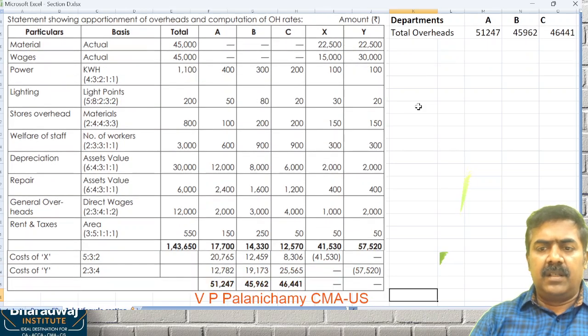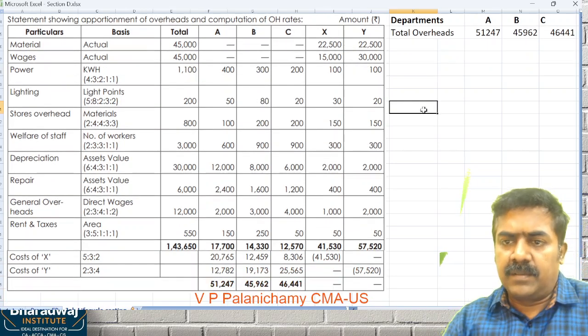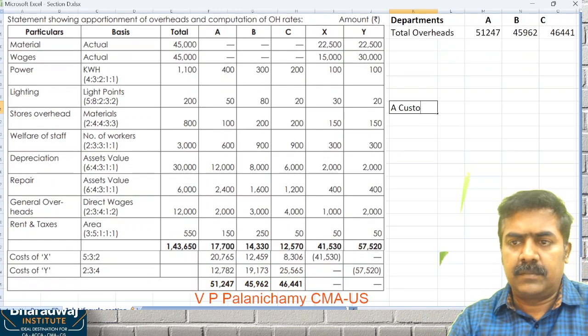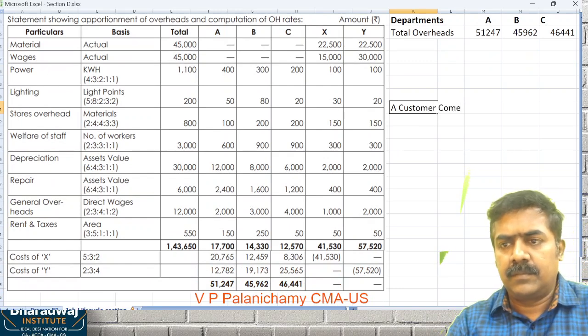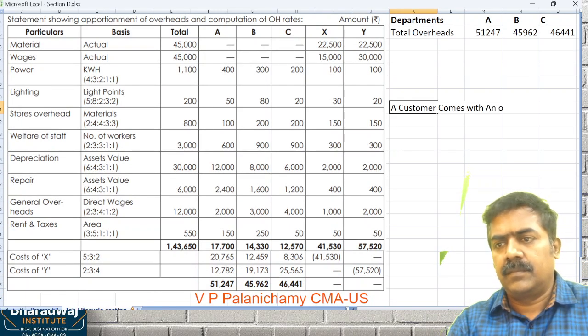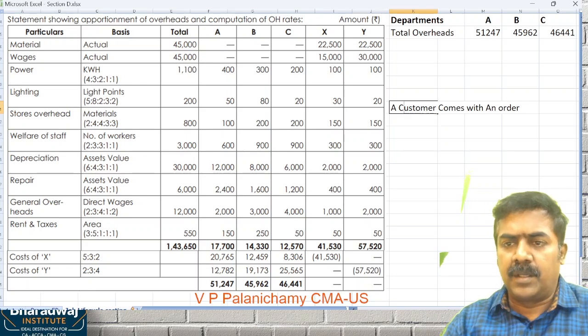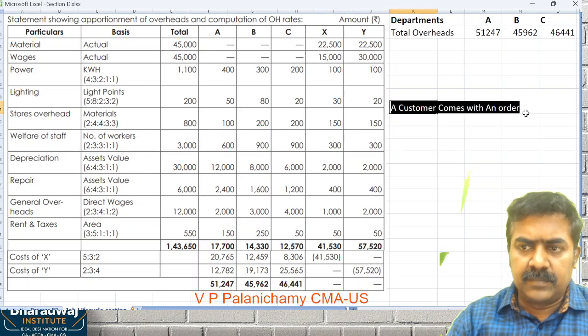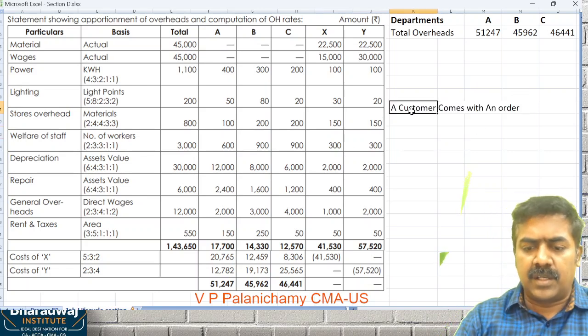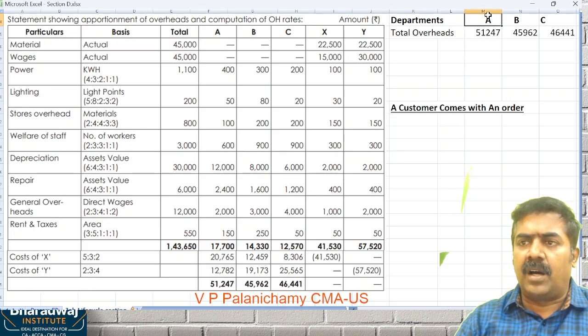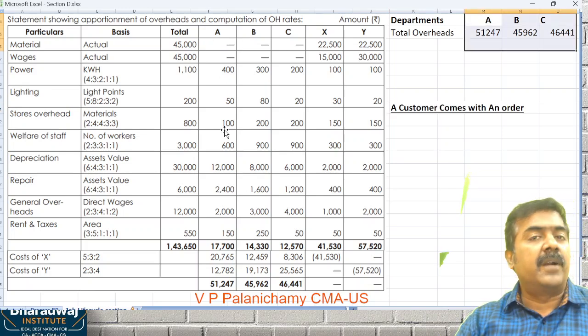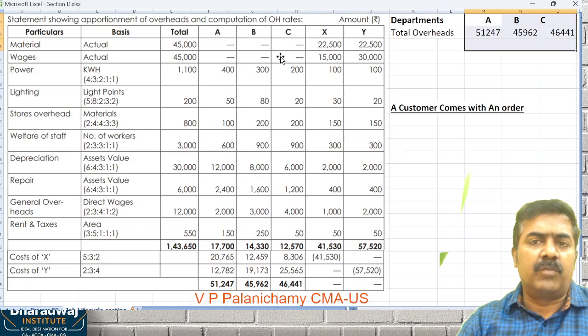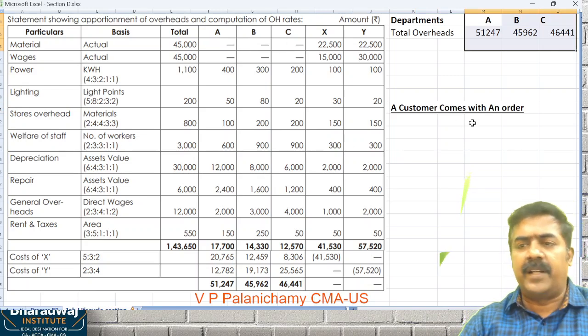For example, a customer comes with an order. This order requires processing in all the three departments. Department A, some work to be done. B also some work to be done. C also some work to be done.